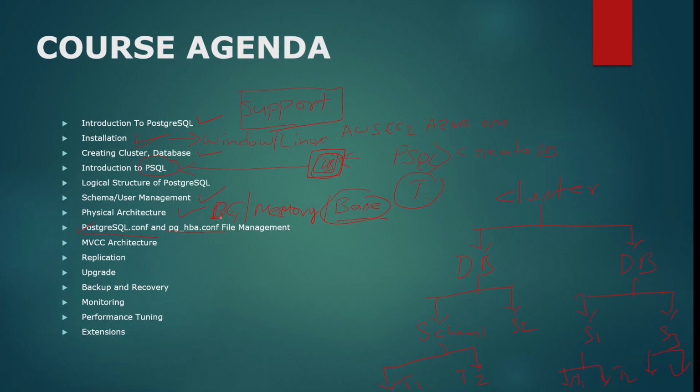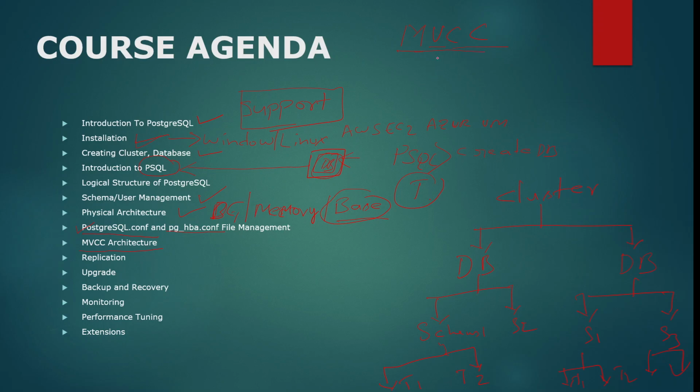Once the file management is done, we will discuss MVCC architecture. MVCC architecture is the most important one. As a DBA, you should be aware of how Postgres manages MVCC, meaning multi-version concurrency control. It is the most important topic we will discuss.